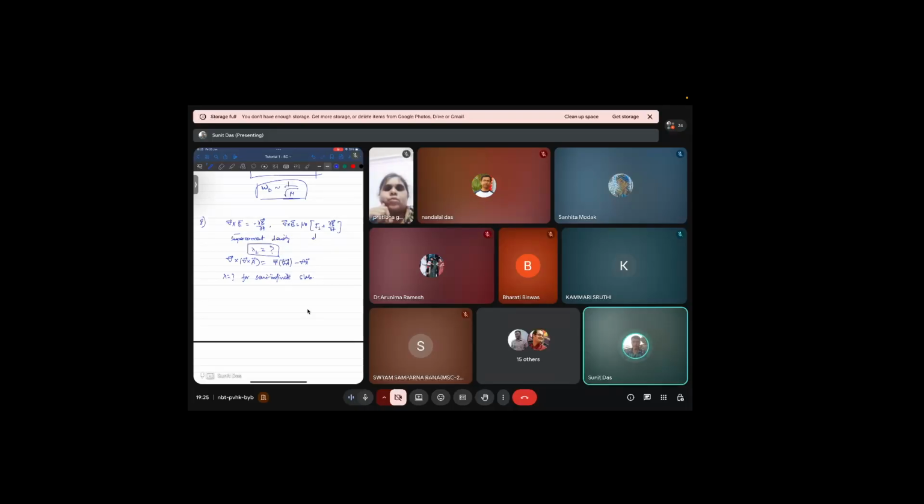So the question is sort of incomplete because it doesn't say whether I should consider 2D or 3D or 1D. You have to consider 2D only because the slab is put on the plane.